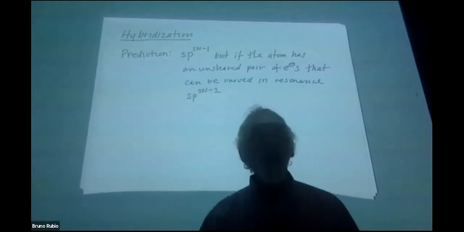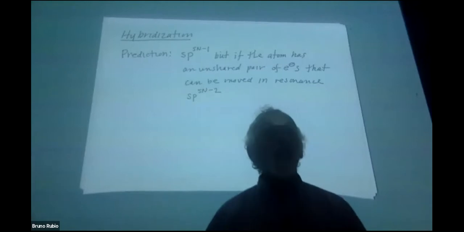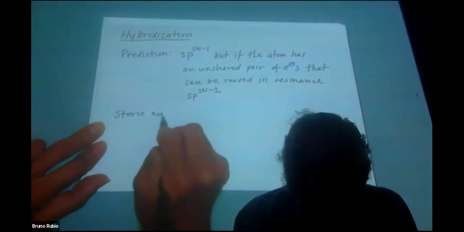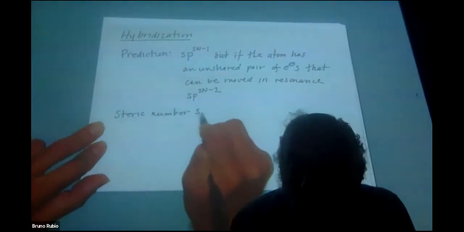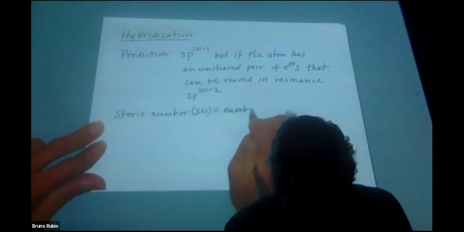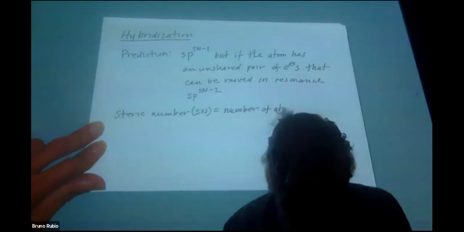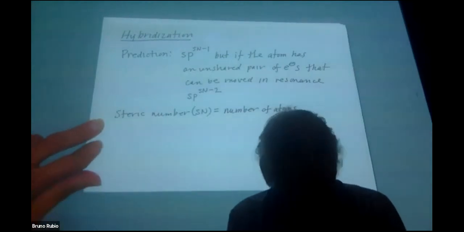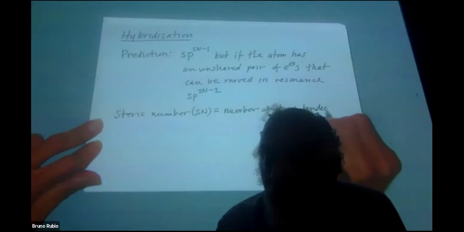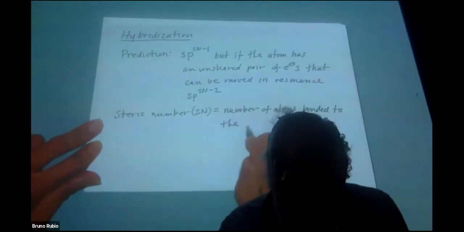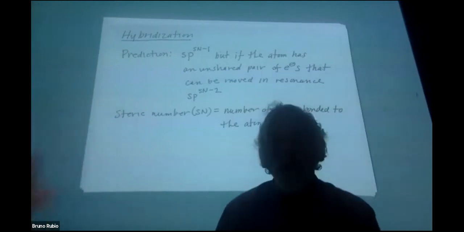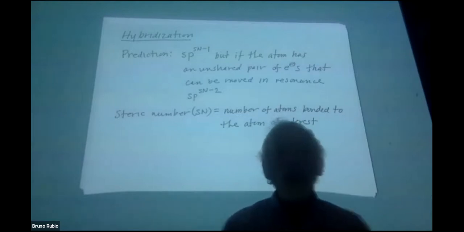Okay, so first of all, let's review what exactly is the steric number. The steric number, and I'm calling that Sn, is the number of atoms, not the number of bonds, the number of atoms bonded to the atom of interest, because we calculate a steric number and we want to predict a hybridization state for every atom.